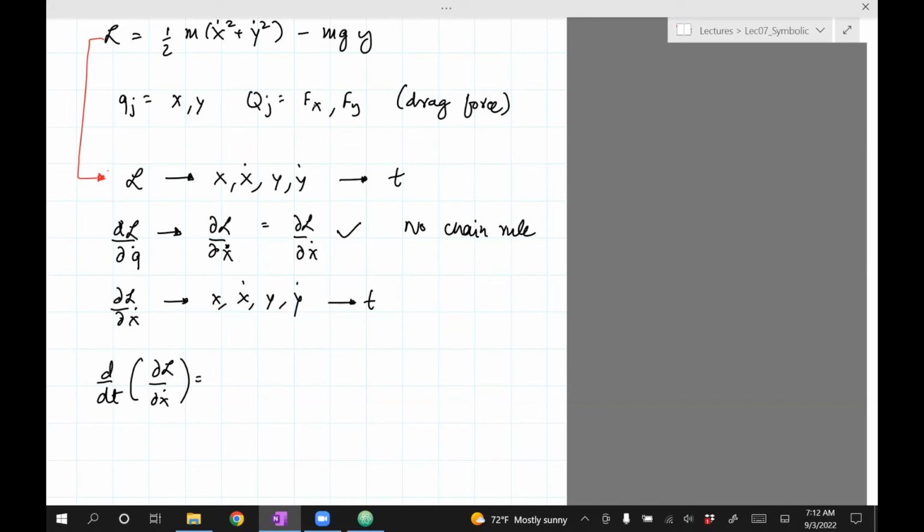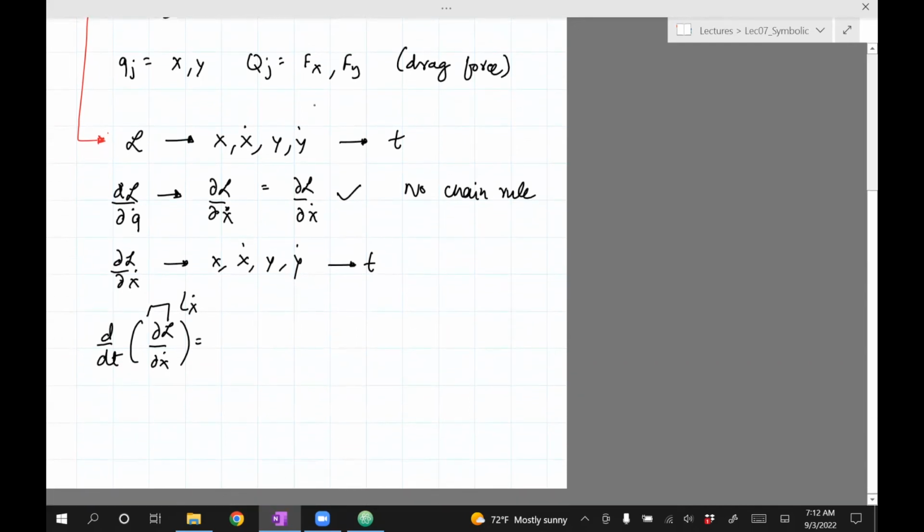So here we'll call this L_ẋ. If that is L_ẋ, then this derivative will be something like this: dL_ẋ/dx times ẋ, starting with x as the first variable, plus dL_ẋ/dẋ times ẍ, plus dL_ẋ/dy times ẏ, plus dL_ẋ/dẏ times ÿ.